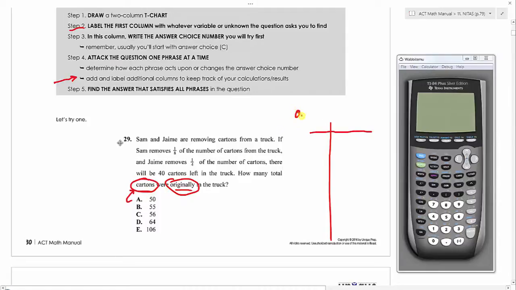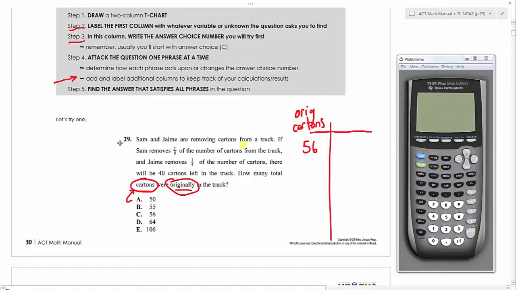So that is what I label the first column: original cartons. Then I go to step 3, which is to write the first answer choice number we are going to try. And remember, we mostly start at C. If the question was asking us for the least or greatest, we would start with the least or greatest answer choice. So I'm going to start at answer choice C, which is 56.